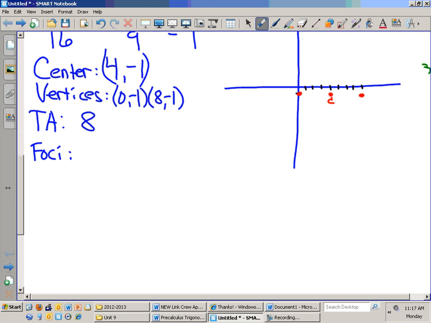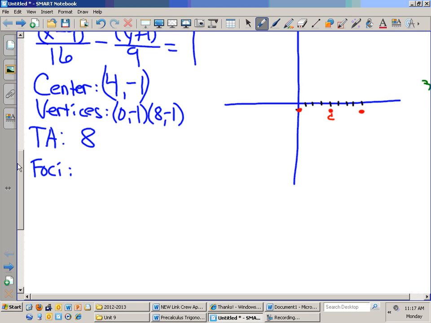Foci. Foci are C units away from the center along that transverse axis. So how do I figure out the foci? A squared plus B squared equals C squared. So 16 plus 9 is equal to 25. So C is equal to 5.